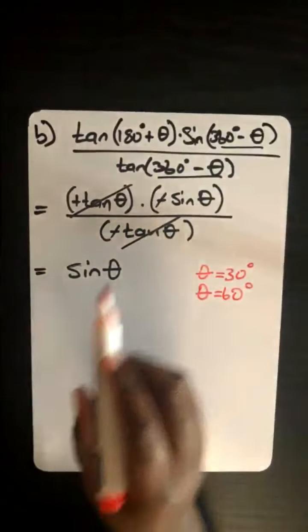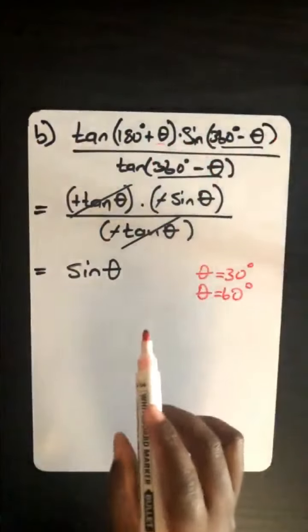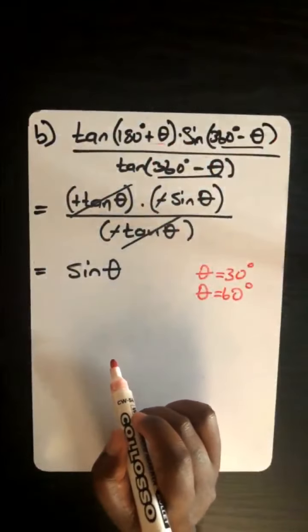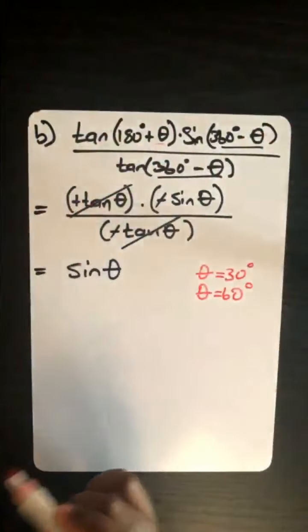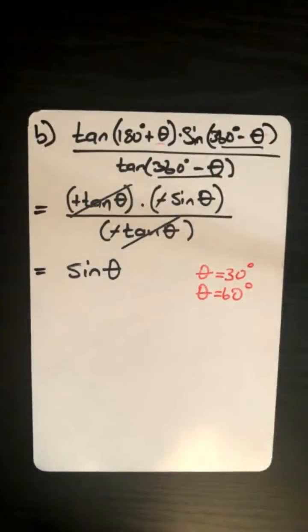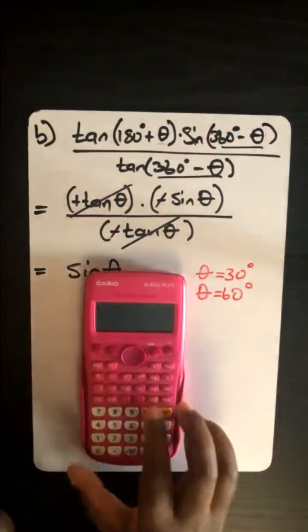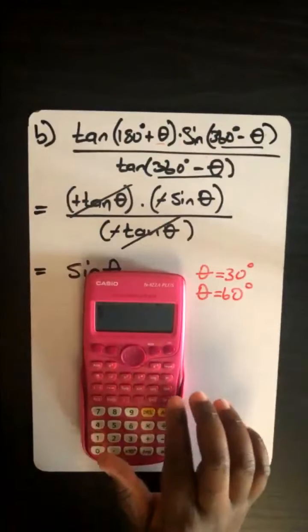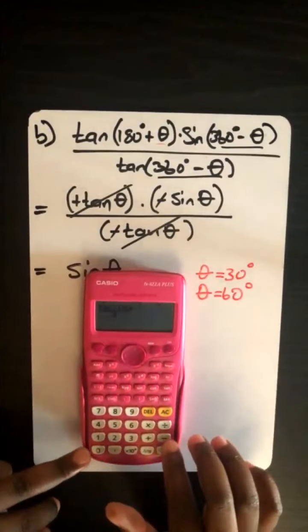So now let's substitute there, and there, and tell me what answer you are getting. I'm also going to use, let me use 60. So it's going to be tan into 180.